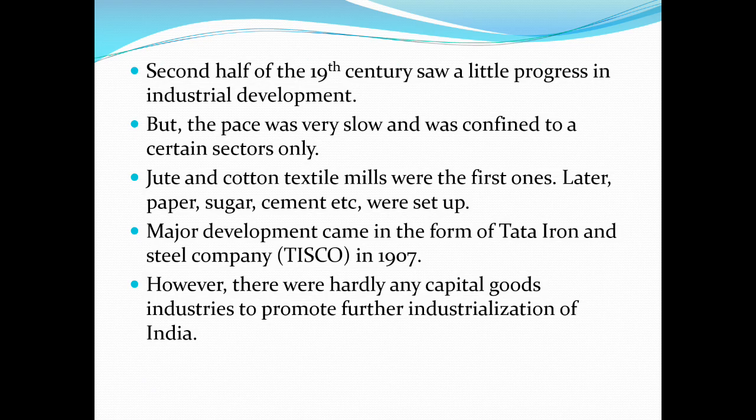Which were the sectors? Jute and cotton textile mills were the first ones. Why these? Again, you need to understand, girls. The Britishers tried to improve certain industries only for their benefit. They were very selfish. They wanted their work to be done.